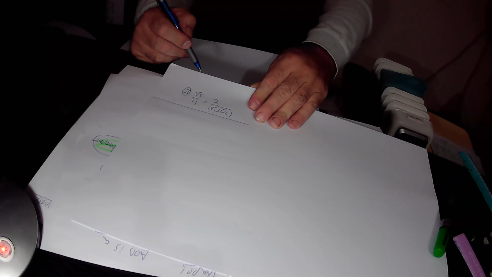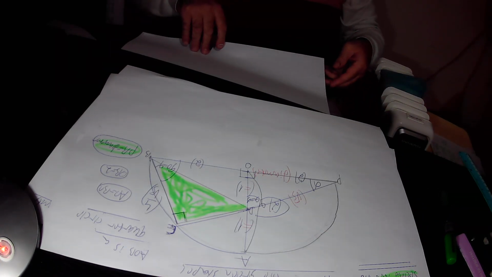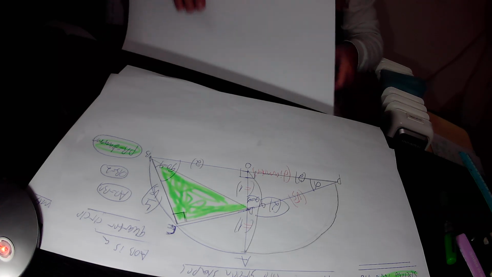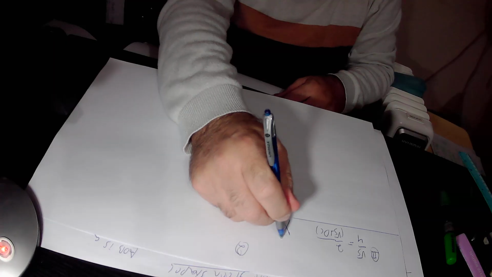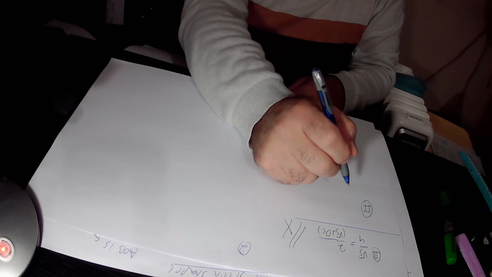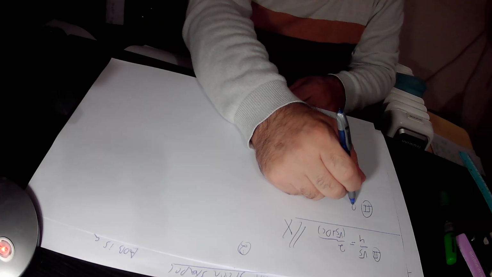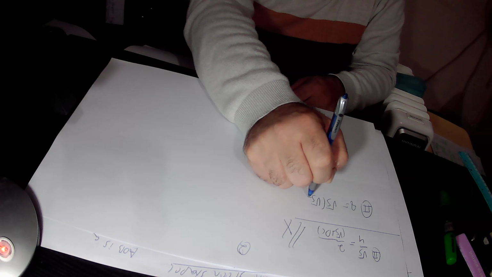Here we of course cross multiply this equation, and we get that 2 times 4 is 8, so 8 equals the square root of 5 times square root of 5 plus DC.